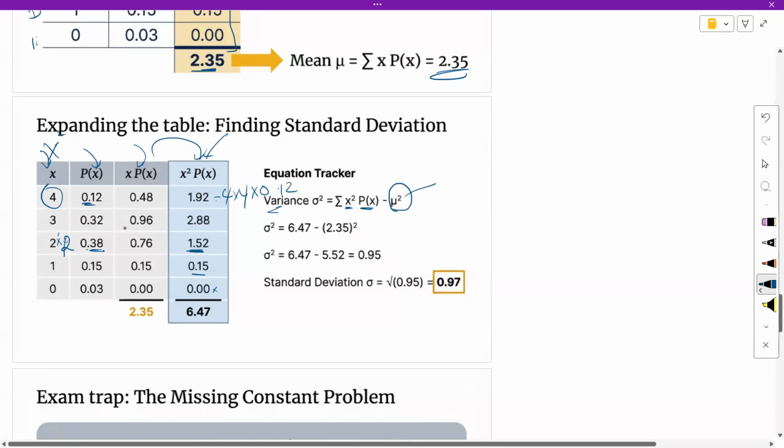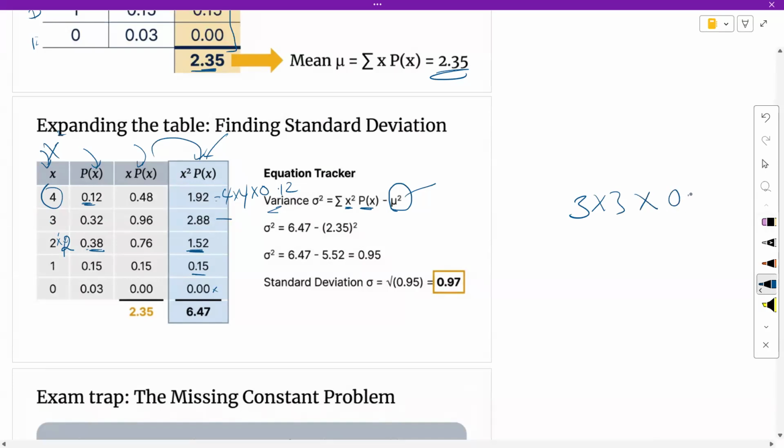Now, can you calculate the value of this one? How do we calculate this value? x is 3, so we have to take the square of 3, then 3 into 3 into 0.38. Tell me what's the value.